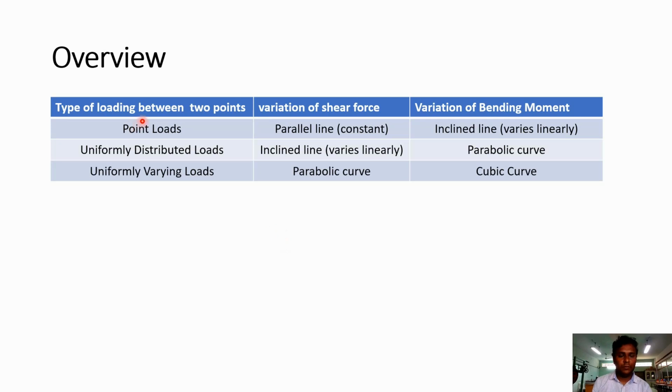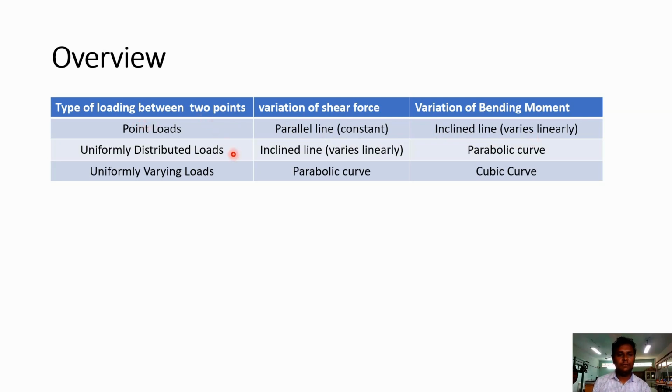So if we have loading between 2 points as point loads, then the respective variation of shear force is a parallel line, or we can say rectangular blocks, or we can say that shear force remains constant between those 2 points. And in the respective bending moment diagram, the variation of bending moment is an inclined line. So we can say that bending moment varies linearly when we have point loads on those 2 points.